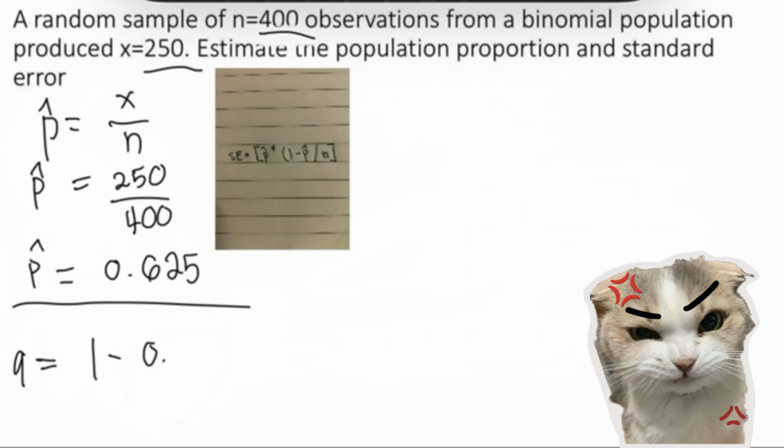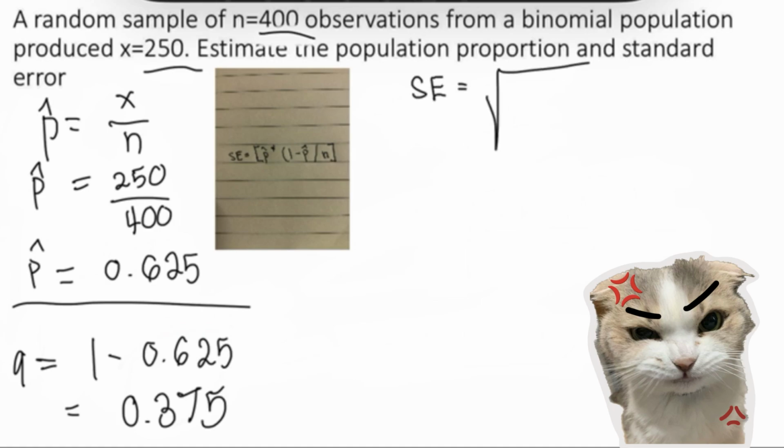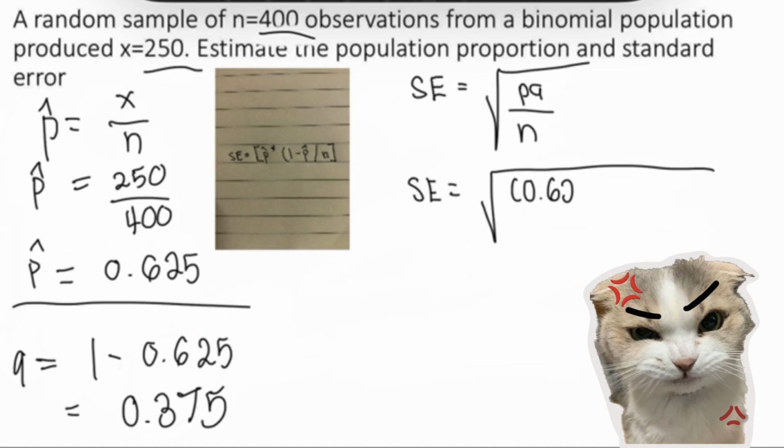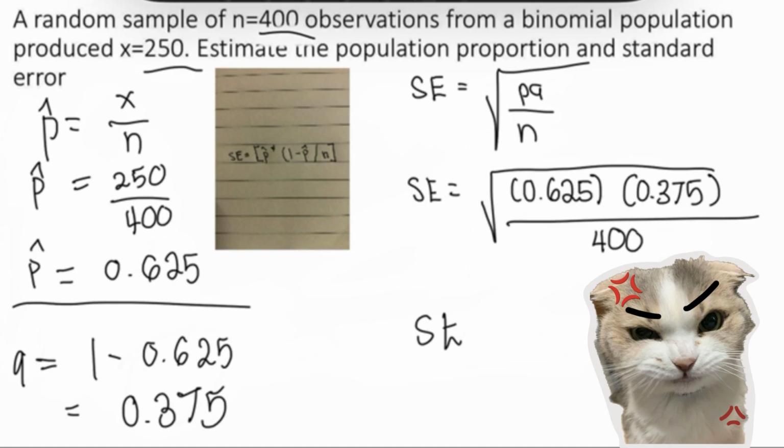Now 1 minus 0.625 equals 0.375. Now we're going to substitute it. Square root of 0.625 times 0.375 divided by 400. Now the standard error is 0.0242.